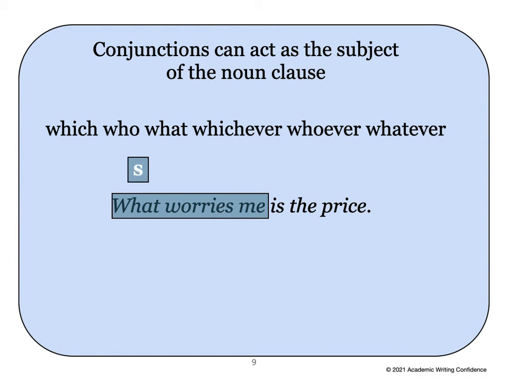What in this clause is the subject, and worries is the verb. The main verb of the sentence is the word is. This means that the words, what worries me, is the subject of this complete sentence. So there are times that the conjunction itself can be the subject of the noun clause.